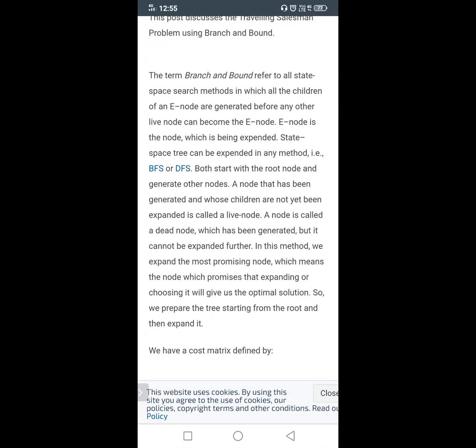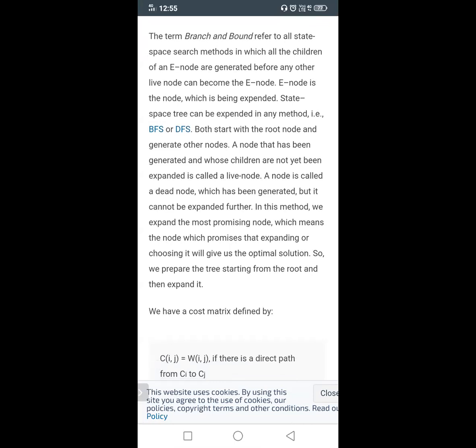So what is a live node? I already told you. A node that has been generated and whose children have not yet been expanded is called a live node.